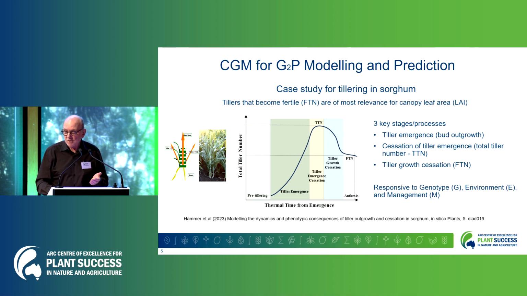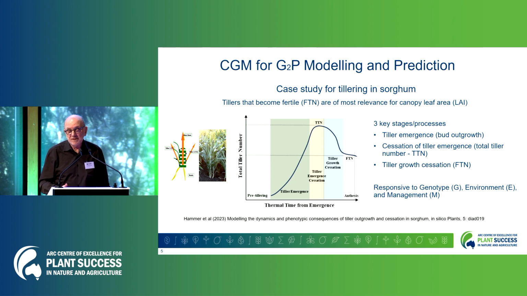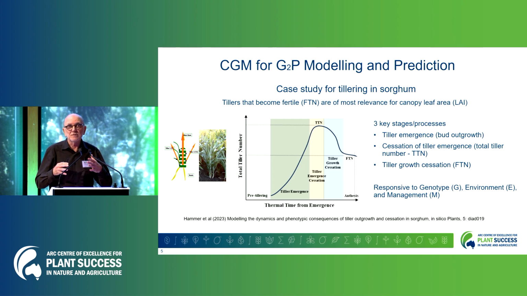So tillering is one of the traits that we've been looking at for some time. And the important part is what comes out of the end of this diagram here, the fertile tiller number, FTN, because that's actually what influences the size of the sorghum canopy the most.